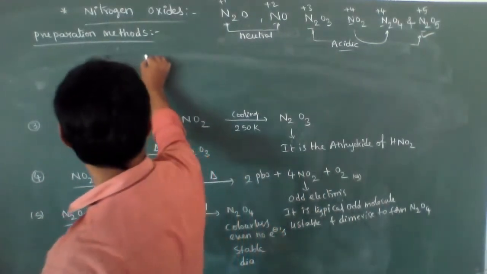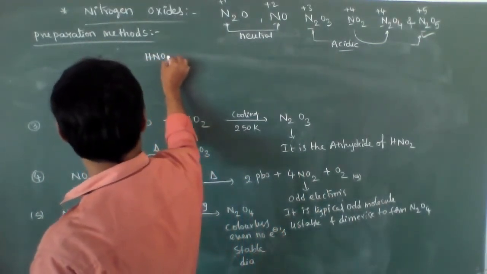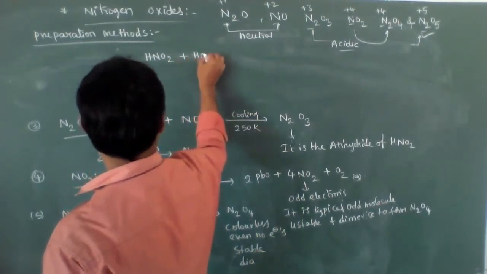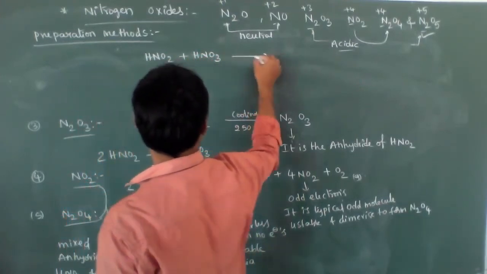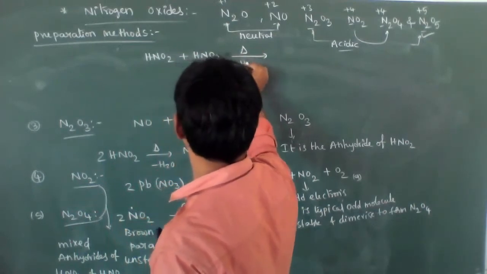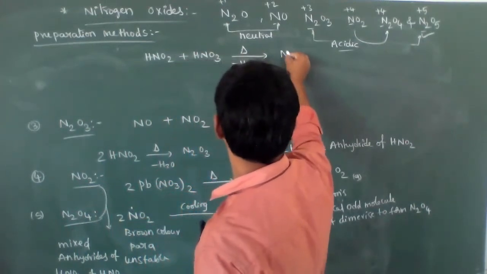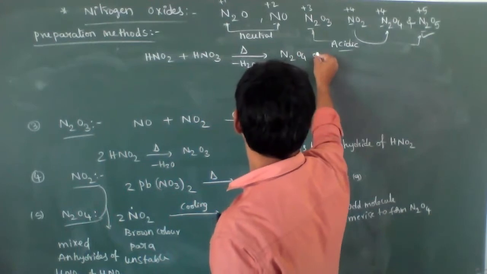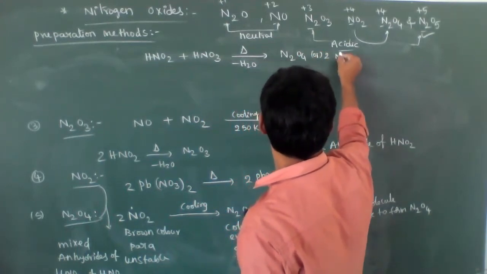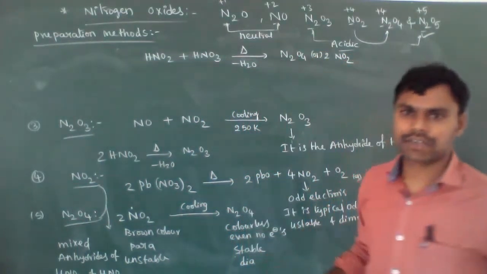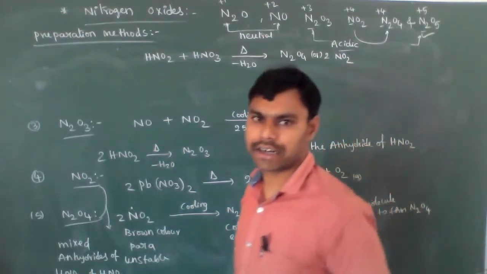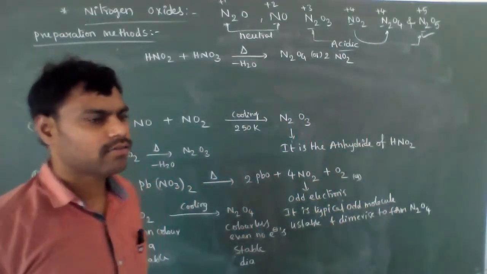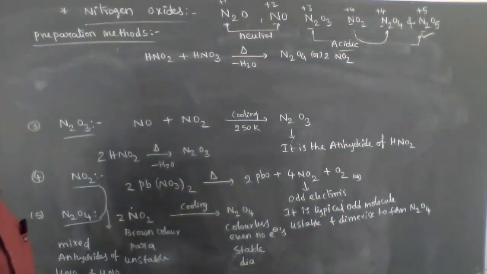HNO2 plus HNO3 on dehydration, with loss of a water molecule, produce N2O4 or 2 moles of NO2. That's why nitrogen dioxide and dinitrogen tetroxide are the mixed anhydrides of HNO2 and HNO3.